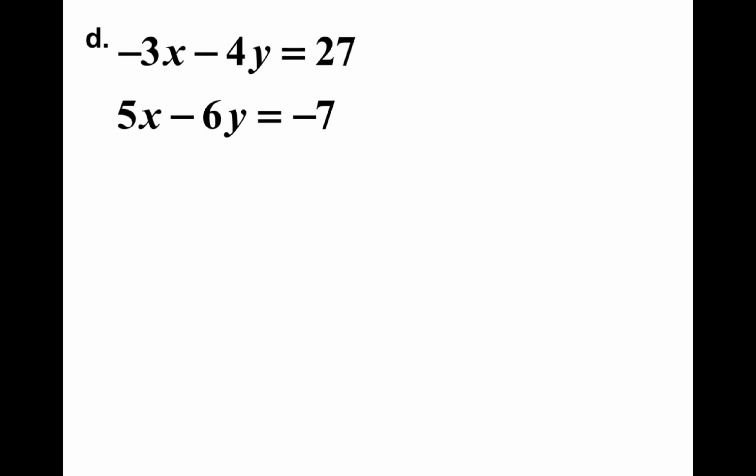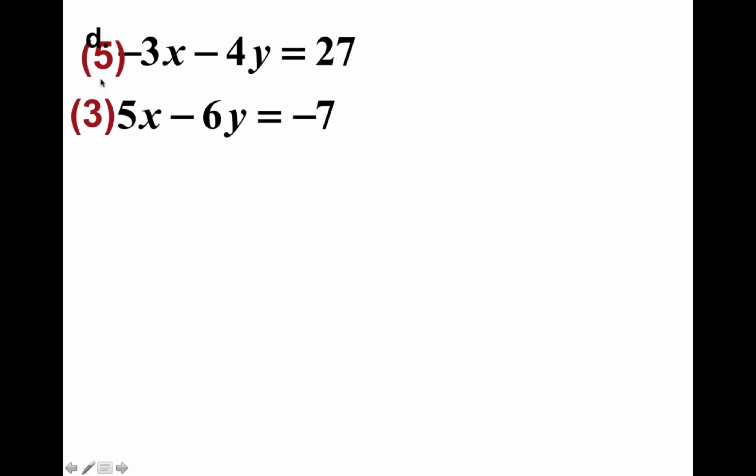Part D is similar to C. Notice these can't cancel, nor can I multiply one equation. I have to multiply by both. So I'm trying to cancel maybe the x's again because these are opposite. That would mean I'd multiply the top by 5 and the bottom by -3. That'll make them be the same number but opposite.